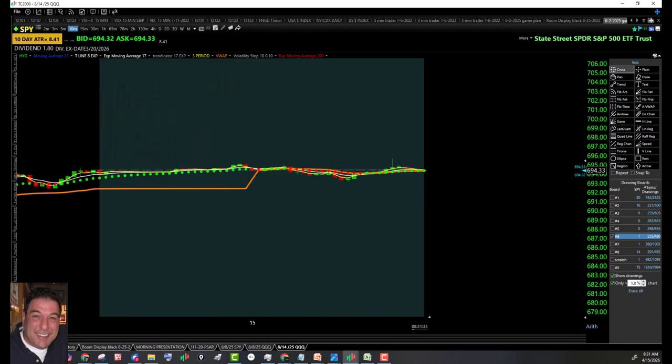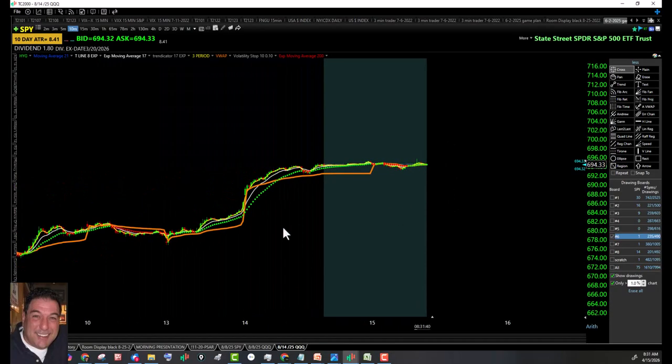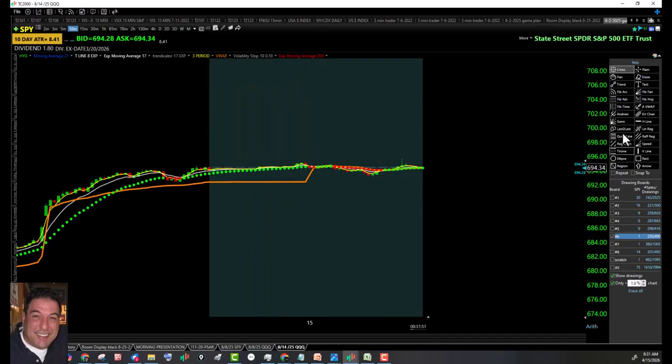Other than that, we break out over these highs. I'm looking for a 10-minute uptrend to trade the breakout to the upside. We'll see what happens. This is bullish up here, holding this higher ground. So the plan is to trade the breakout of the range. And the range is right here. The high right there.